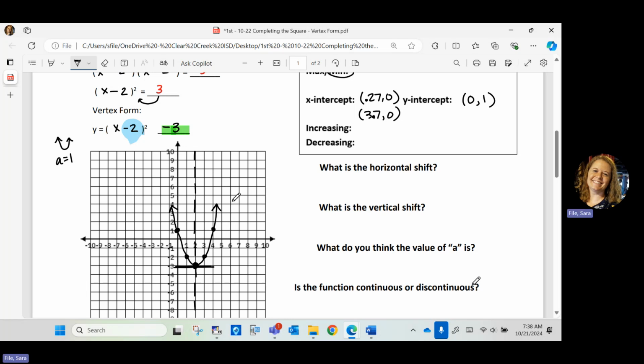So from left to right, we're talking x values. It's decreasing first, from negative infinity until that vertex where the x is 2. Then it's increasing from 2 to infinity. So again, if you need a little reminder, we're using x values here. It's left to right.